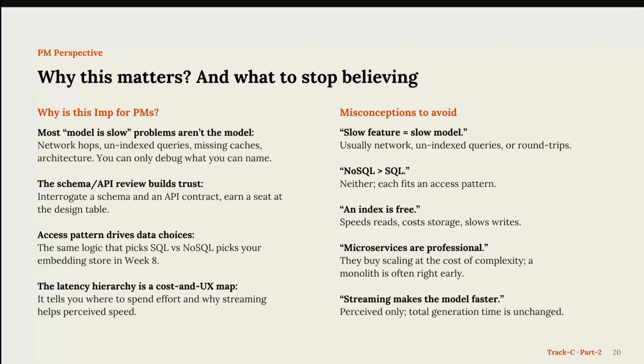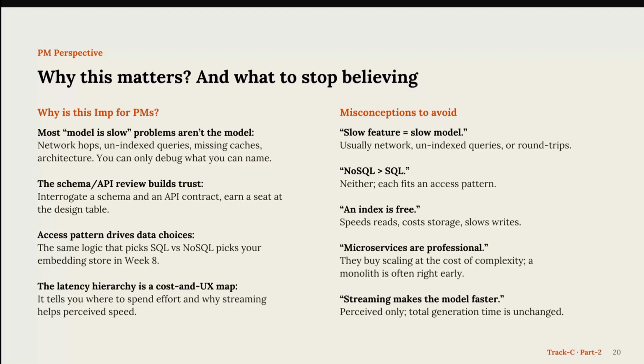So you are always experiencing the fastness of the application. You immediately see a few tokens coming in, so you think the system is responding faster. That's where the cost and the UX map are important.